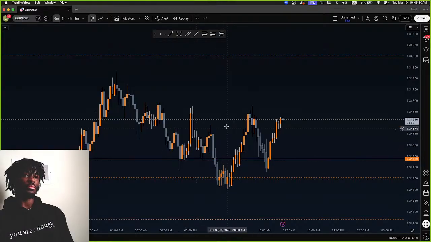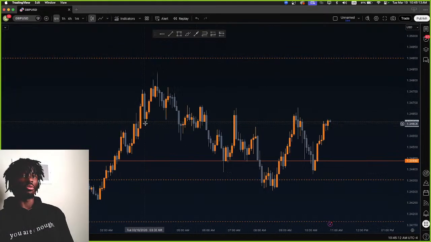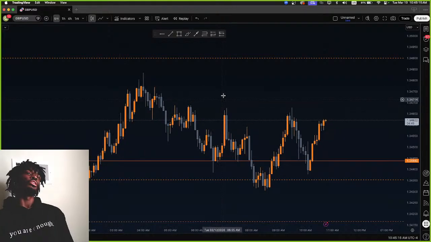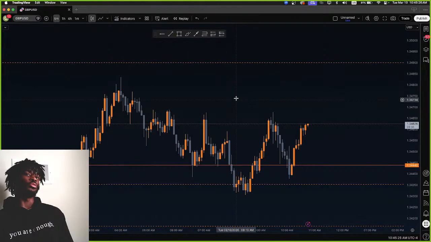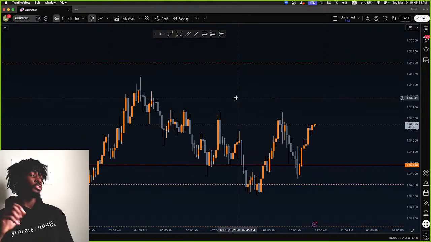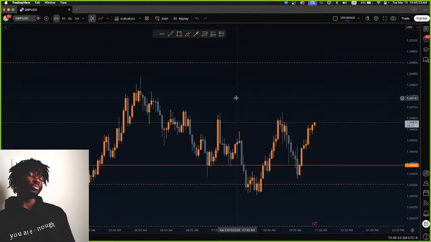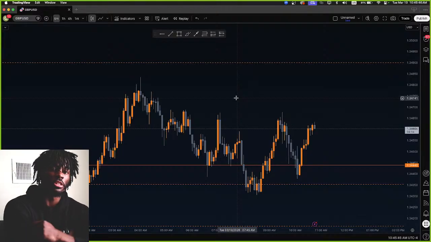Determine that. This is another way as well: if you can't say it off the top of your head, then that means you aren't as observant of it. If I asked all of you right now, just say yes or no, off the top of your head, can you tell me exactly what happens in the market, the repetitive pattern, where you keep breaking your system, where you keep breaking your rules?